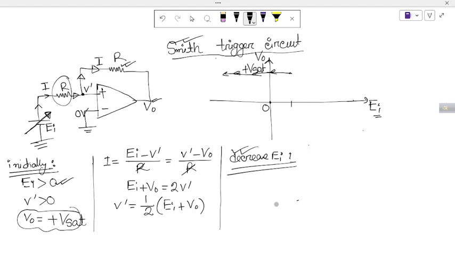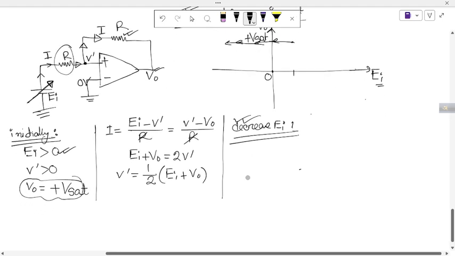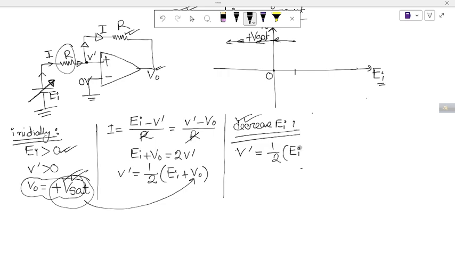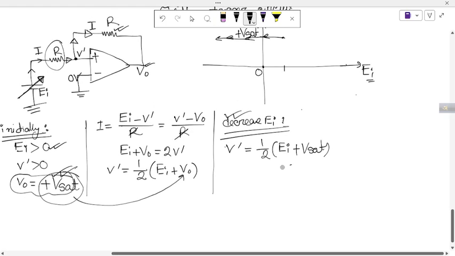Let's see what happens. In this case the output voltage is equal to positive Vsat, so if I put plus Vsat here, I get V prime equal to half of (EI plus Vsat).